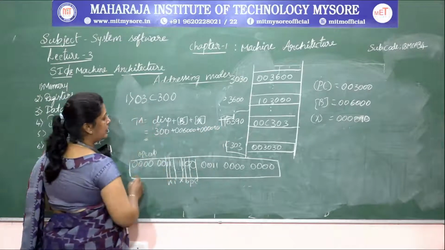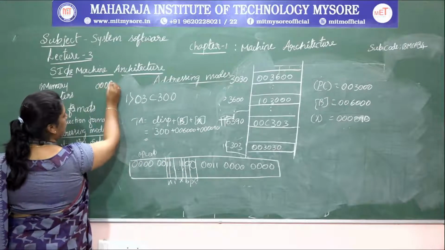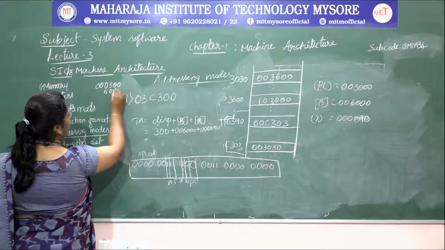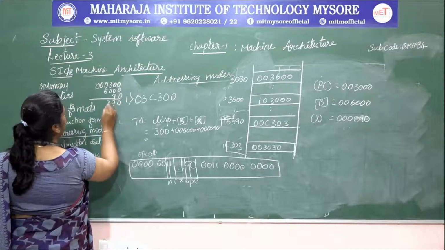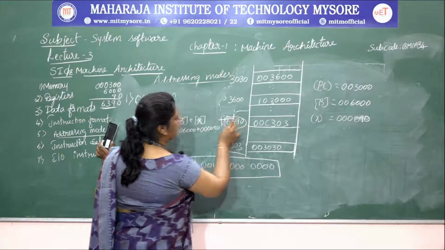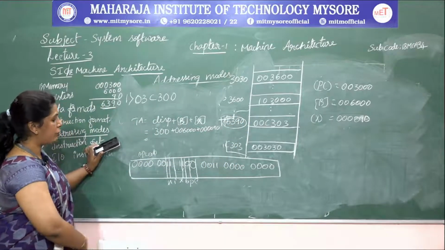By adding those up: 000300, plus 6000, plus 90, gives 6390. This is the memory location, the target address, from which it has to fetch.